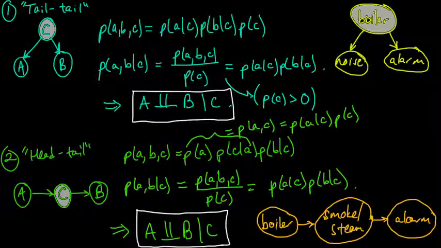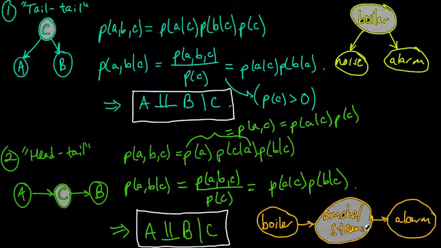And if I knew that the boiler was coming on, and I didn't know whether there was smoke or steam, then I might think, uh-oh, there might be a small possibility that the alarm is going to go off. So these are not independent without conditioning on this. But if we condition on knowing that there's smoke or steam, let's do that. Boom, we condition on that.